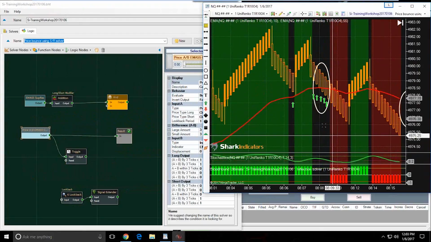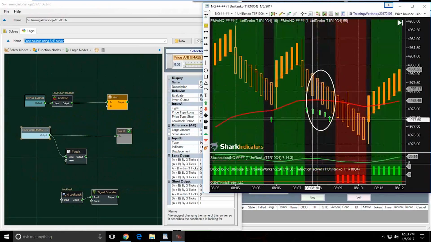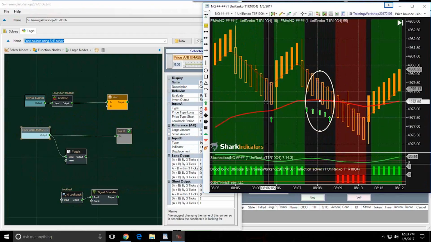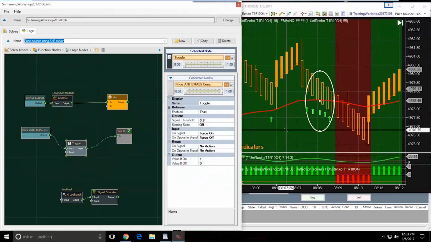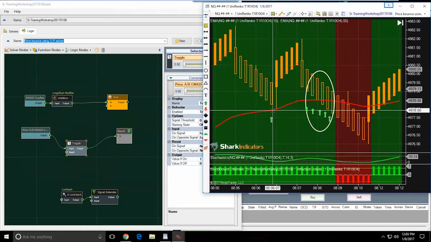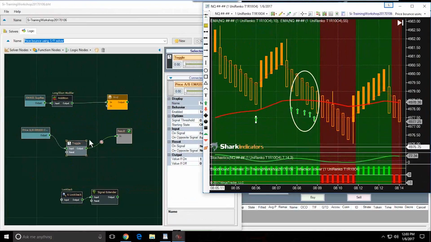Remember, these gaps were problematic, because the gaps always happened when price got really close for the possible bounce. So this toggle node kind of solves that. You see how the toggle node fills us into a long state when price gets really close.